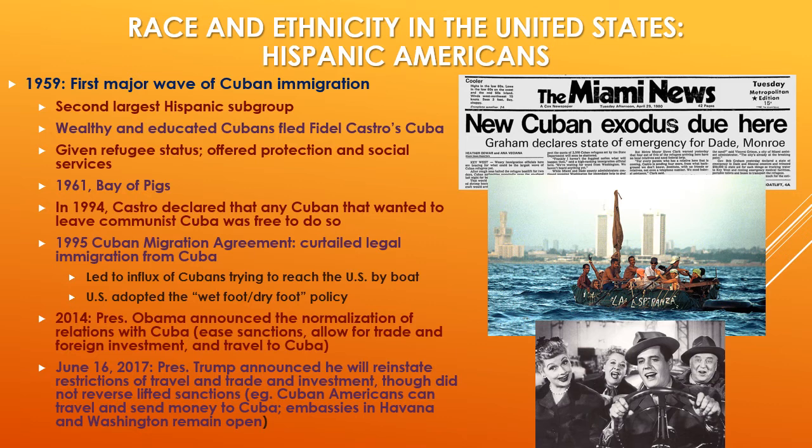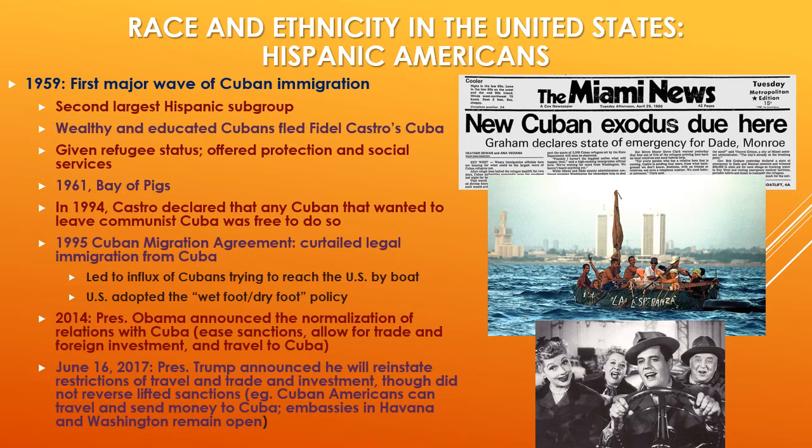Over the next 3 decades, refugees from Cuba continued to escape and travel by boat to Florida. In 1994, Castro declared that any Cuban that wanted to leave communist Cuba was free to do so. 1 year later, the U.S. set out the Cuban Migration Agreement, which restricted legal immigration from Cuba.